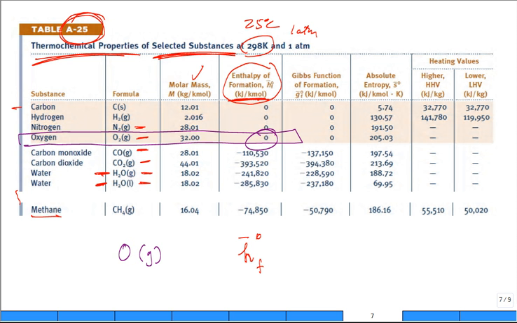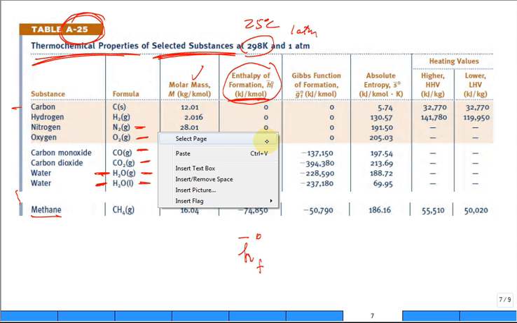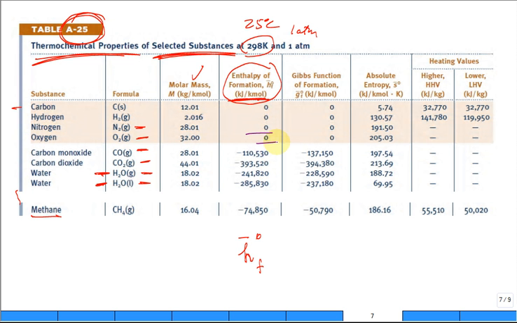It wants to react, and so you could probably find somewhere else its enthalpy of formation, and it would not be 0. Okay, nitrogen also is very stable. Diatomic nitrogen, and its enthalpy of formation is 0. And then solid carbon is set to 0. They picked it. So they picked some of these things to be 0.